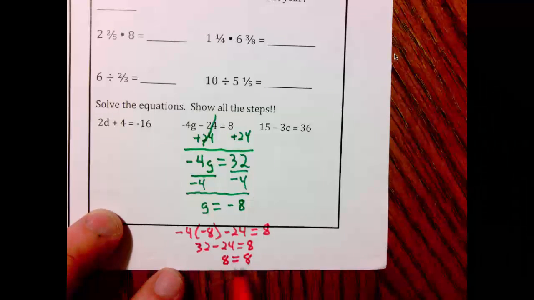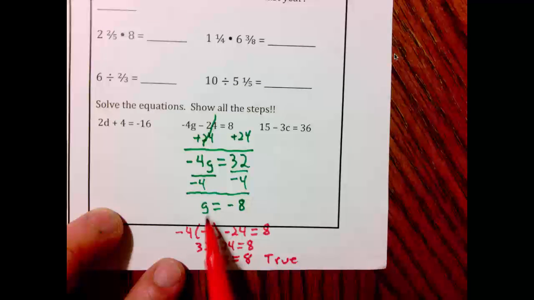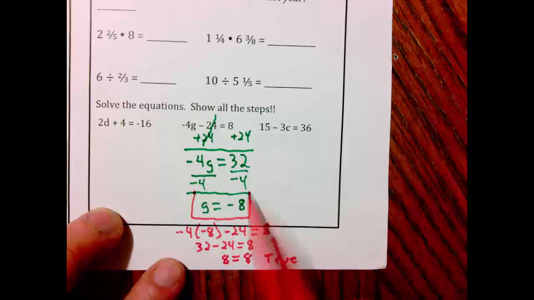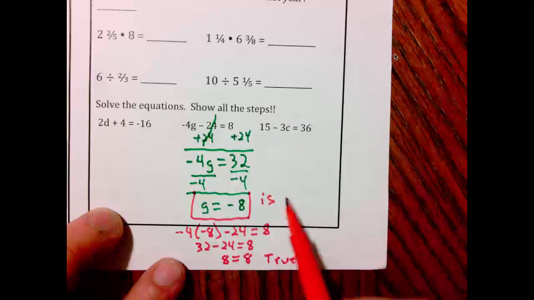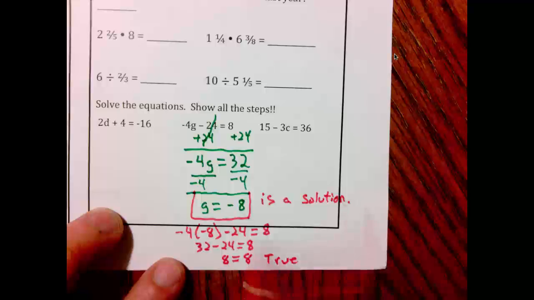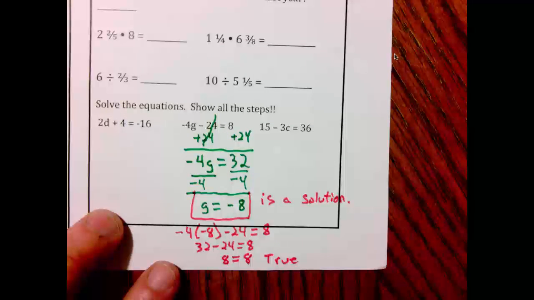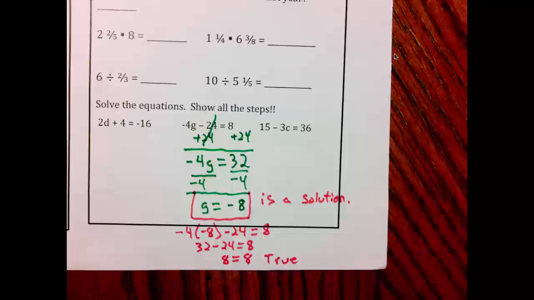So we are left with the statement 8 equals 8, which obviously is true. Thus, g equals -8 is a solution. This is a value of the variable that makes this statement true. See if you can work the rest of the problems.